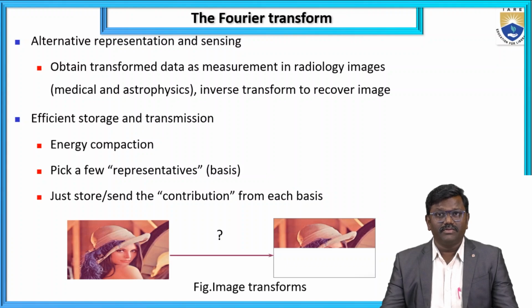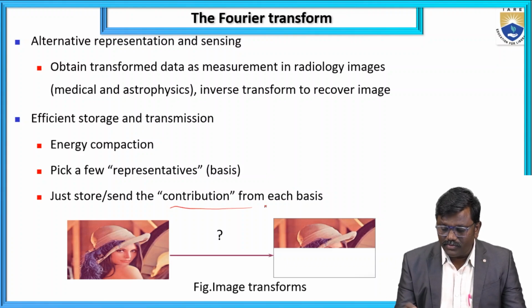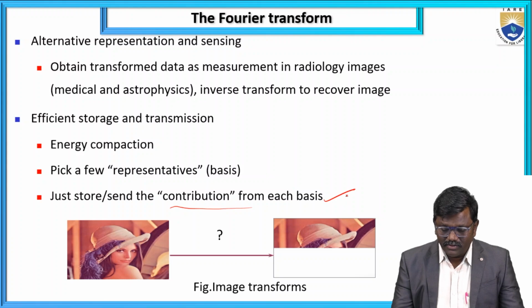These are the fields which help us understand image transformation for measurement in terms of radiologists. We also concentrate on inverse transformation to recover the image, and on efficient storage and transmission. We want to understand energy compaction, that is, picking a few representative basis functions. For example, just store and send a contribution from one basis to the other, for image transformation from one to the other.